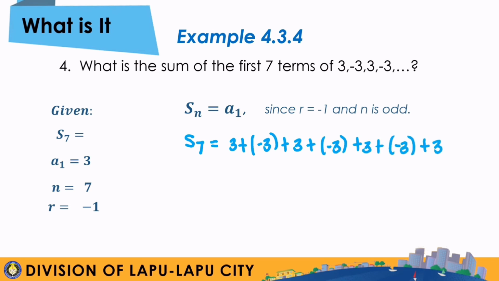So we have here the first 7 terms. Now let's do the operation. This becomes 0, this is 0, and this is 0. So the remaining number is 3, which of course is the first term of this sequence, right? So here we go, and that's our answer for the sum of the first 7 terms.